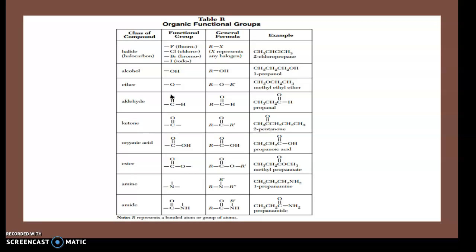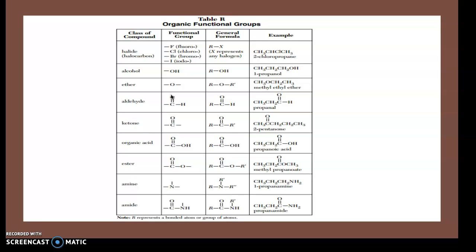So you're either going to tell me it's a ketone or it's an alcohol. False. That's false. An organic acid is double bonded to an oxygen and single bonded to an OH. And it's also a terminal element, a terminal functional group, meaning it's going to be the beginning or the end of the molecule.